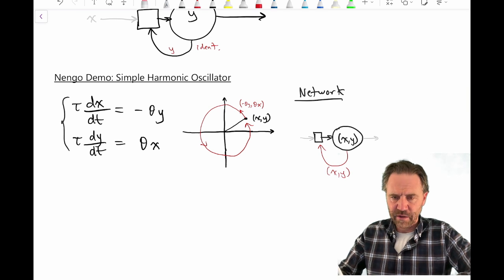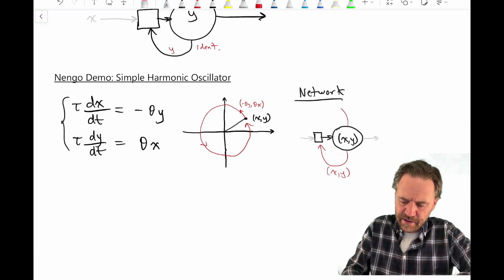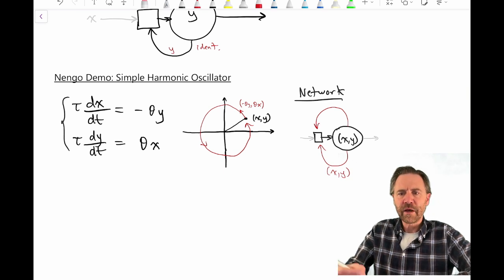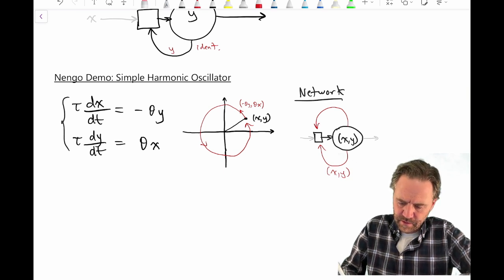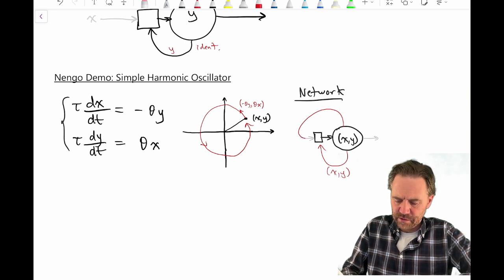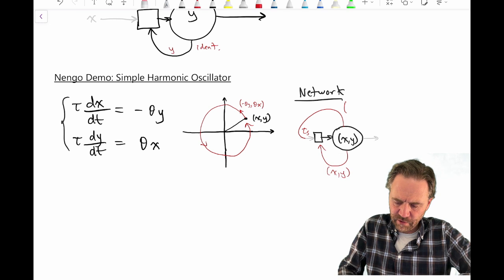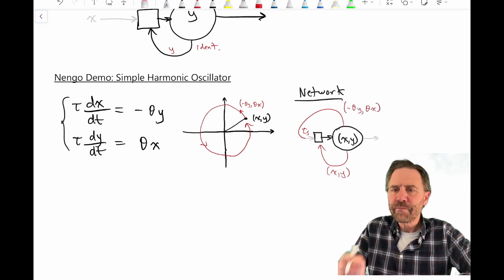So this is the current state for Euler's method, if you like, and then we add to it an increment. Let me have it coming in from over here. This is the thing that's multiplied by tau s, and it has the form, the decoding, negative theta y, theta x.